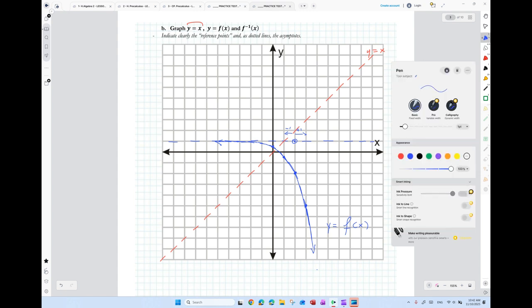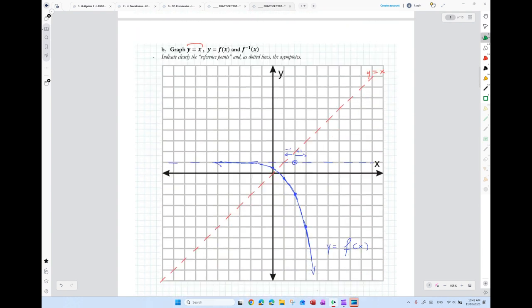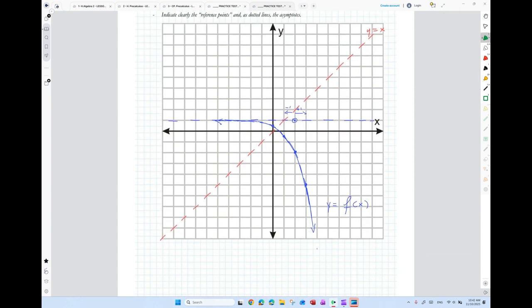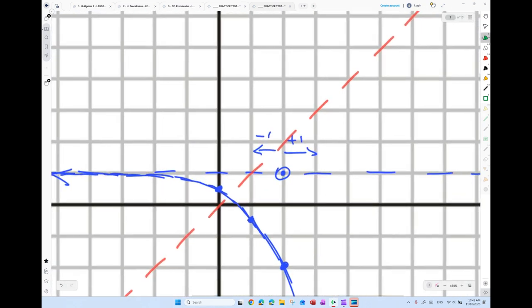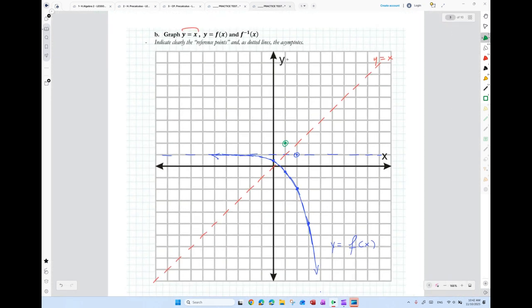And I'm going to reflect the function f of x across that line. So the point of reference 2, 1 is going to become 1, 2. Let me erase these. So 1, 2 is a logarithmic function.